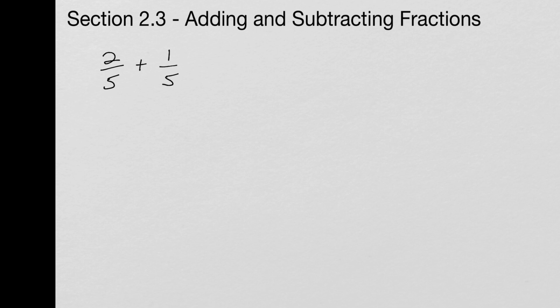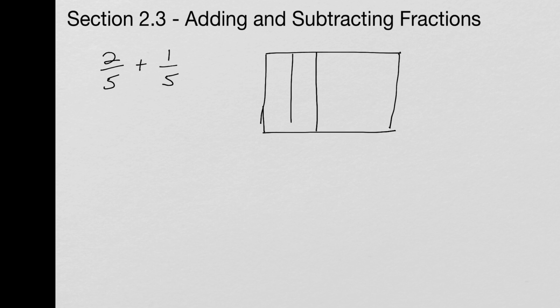So in a picture, I can illustrate, let me draw a rectangle here. I'm going to break this up into 5 parts. So 2/5 can be illustrated by shading in this piece right here.